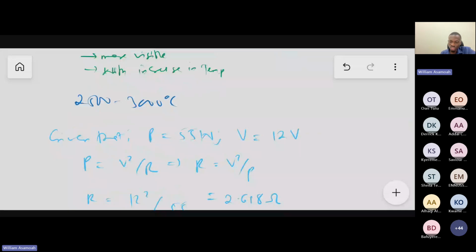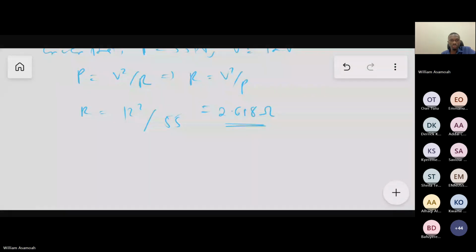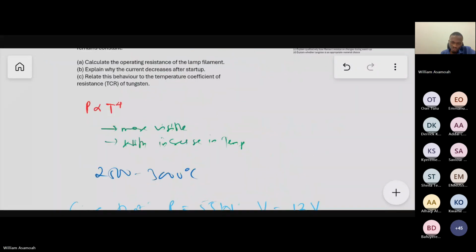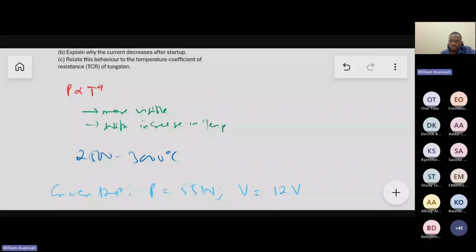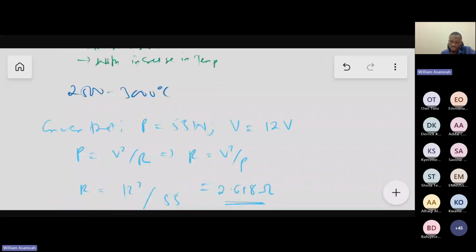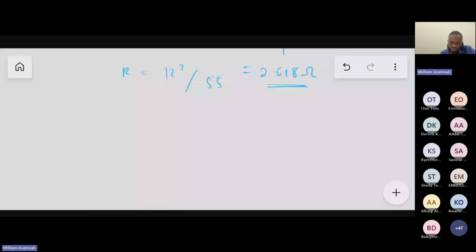So it is at 2.6 ohms resistance. Now, the question is telling us to explain why current decreases after startup. So see something here. This is the operating current at 3,000. The question didn't actually give us a temperature, but at 3,000.